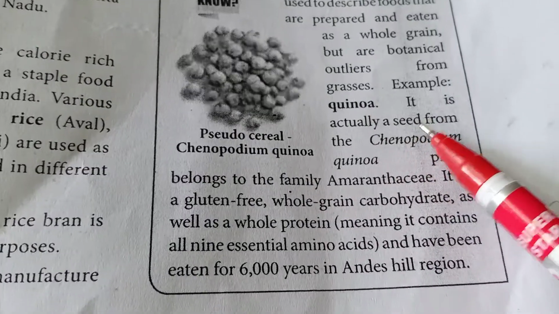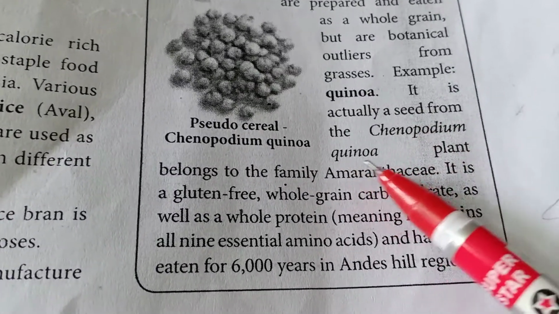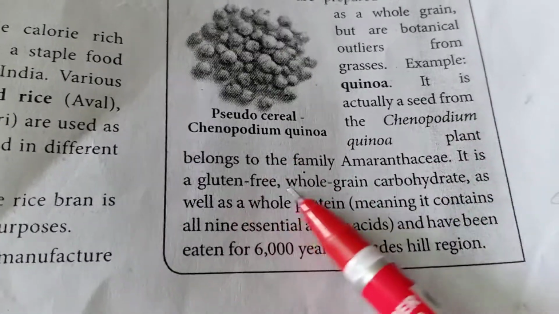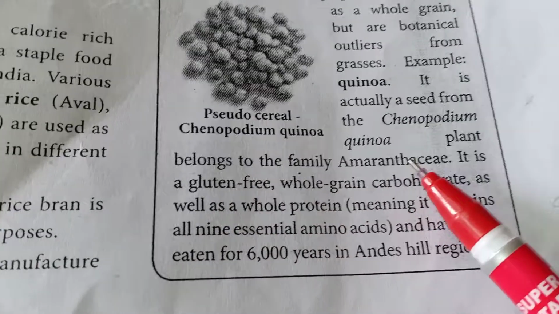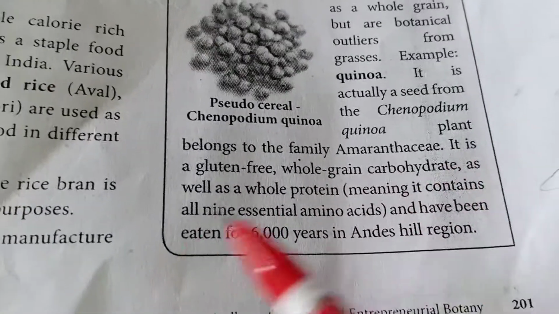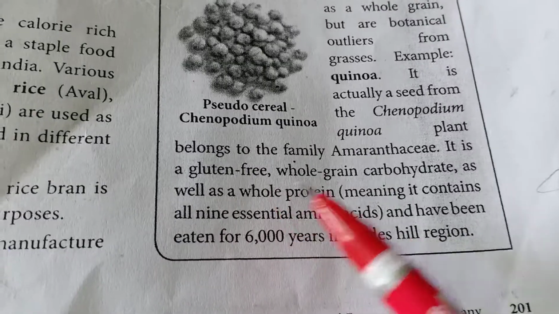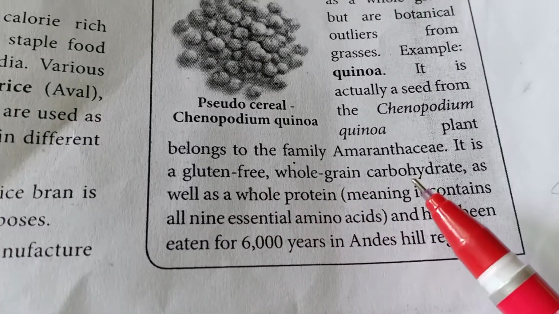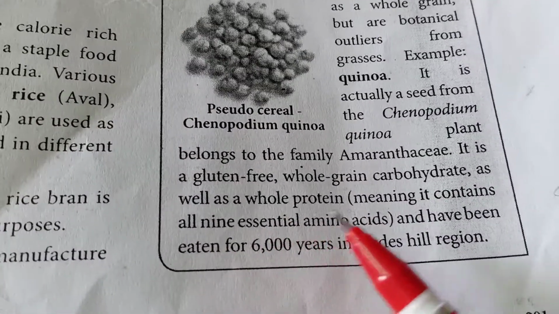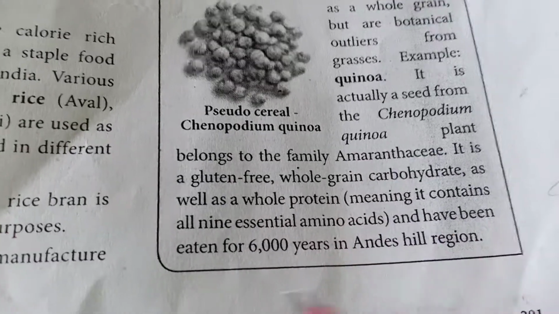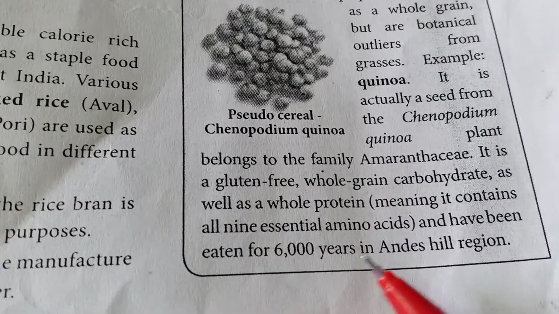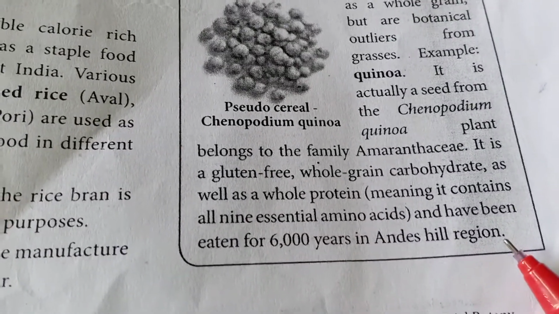It is actually a seed from Chenopodium quinoa, plant belonging to the family Amaranthaceae, which is a spinach variety. It is a gluten-free whole grain carbohydrate as well as whole protein, and has been eaten for 6,000 years in the Andes region.